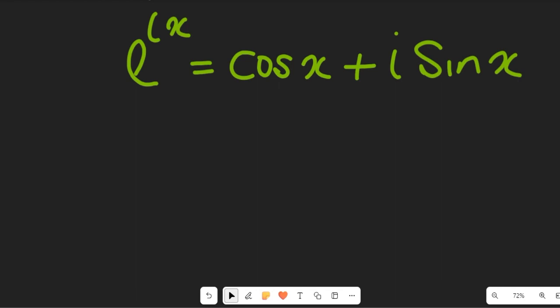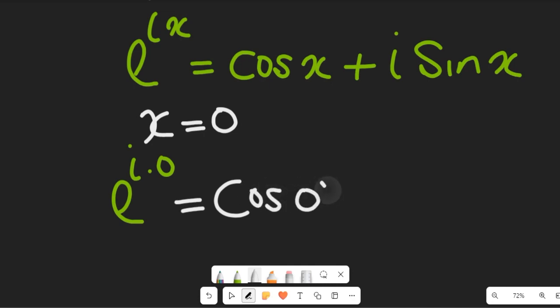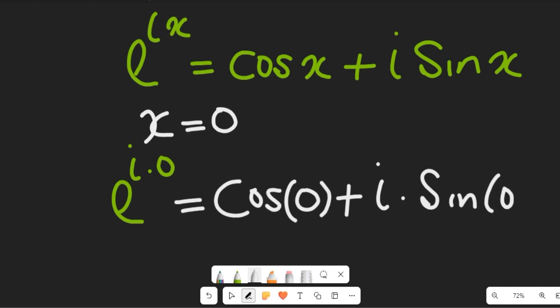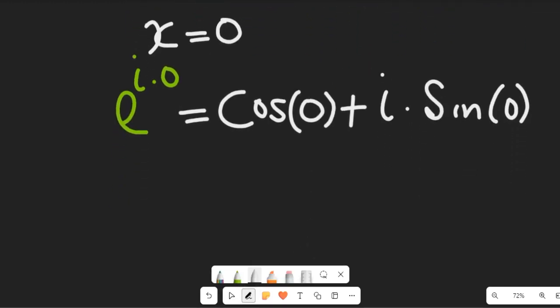So if we take the value at x equal to 0, we'll find out that e to the power of i times 0 will be equal to the cos of 0, plus i multiplied by the sine of 0. Now, the cos of 0 and the sine of 0 will give us what?